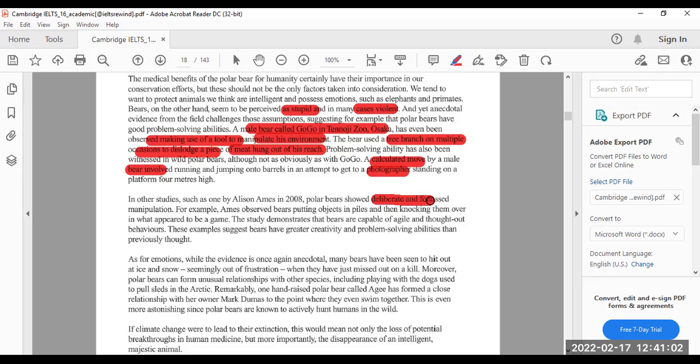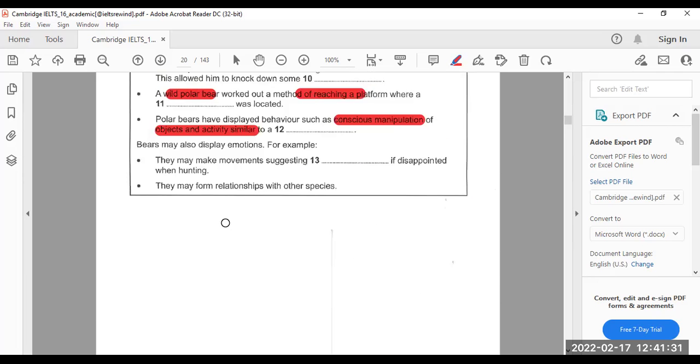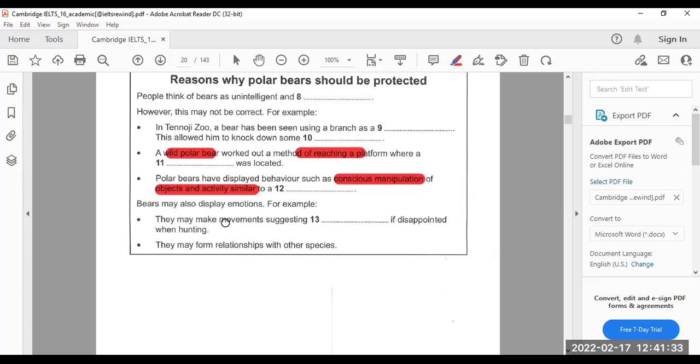See this deliberate and focused manipulation: putting objects in piles and then knocking them over in what appears to be a game. It arranges the objects and knocks them over, which appears to be a game for the polar bears. So the answer is: polar bears displayed a behavior such as conscious manipulation of objects and activity similar to a game.